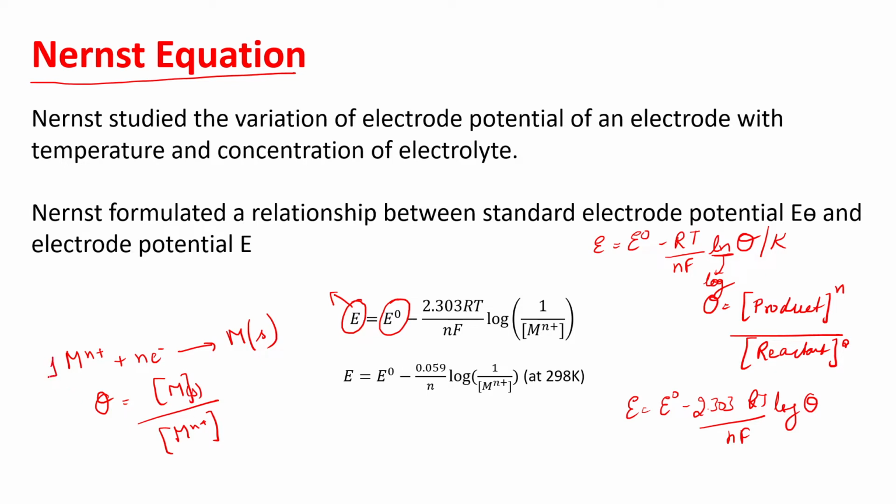Since the stoichiometry over here is 1, it is raised to power 1. For a solid the concentration is taken as 1. Therefore we will only get Q as 1 by the concentration of M ions with n positive charge. That's why it is written like this, because the product over here is a solid whose concentration will be taken as 1.